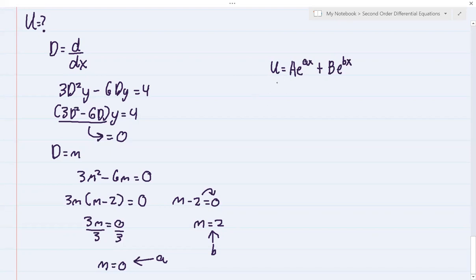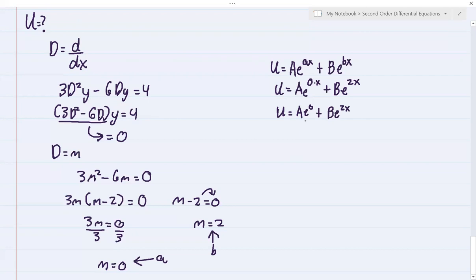So since I made a as my 0, we will have u is equal to a times e raised to 0 times x plus b times e raised to 2 times x. So since here we have 0 times x, we will have a e raised to 0 plus b e raised to 2x.